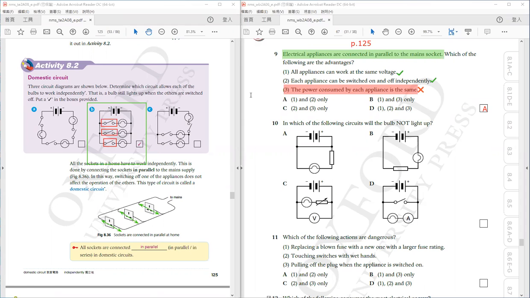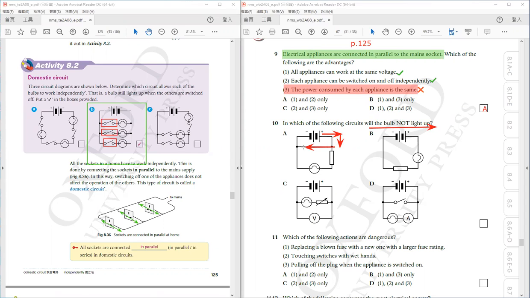For question 10, I will draw here. So we want to find the light bulb that does not light up. In setup A, there's a short circuit.